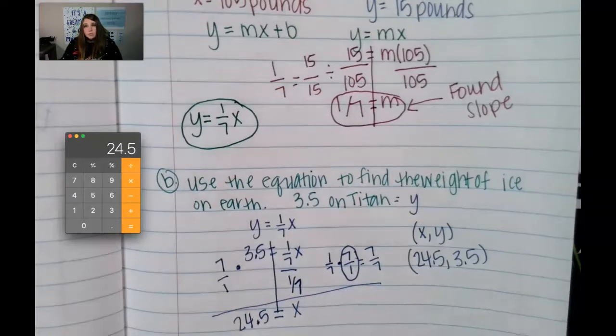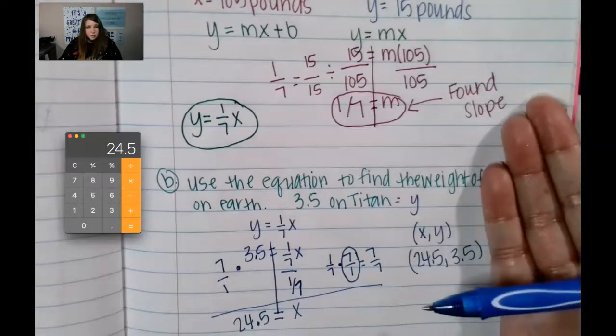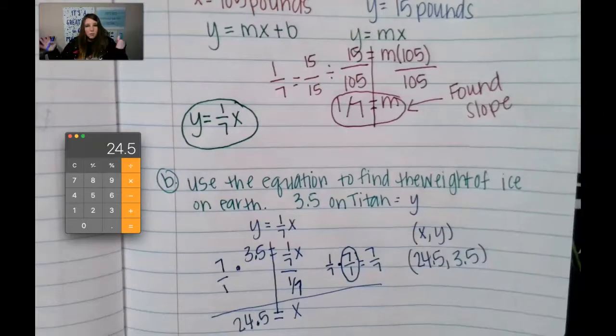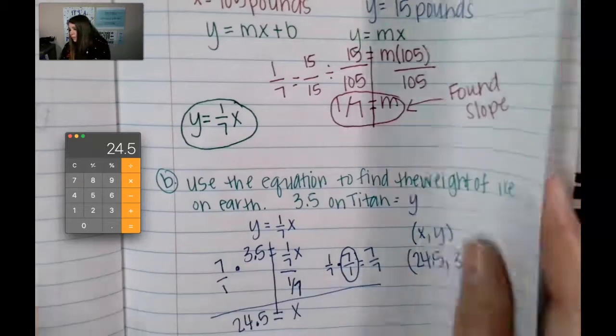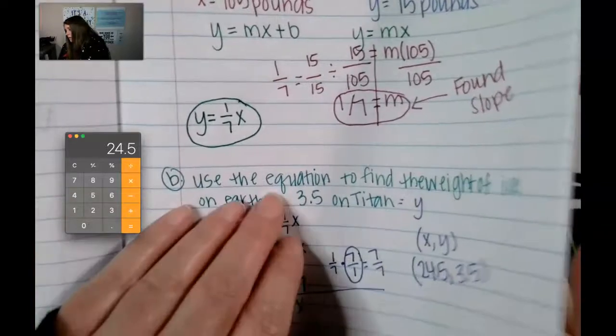So you're using this equation to find the slope, and we know that our slope is also the constant of proportionality, so that way the weights stay proportional. Okay, let's do another example. Go ahead and hit pause so you can finish writing this down. We're going to do another example so that you could see this in action again.